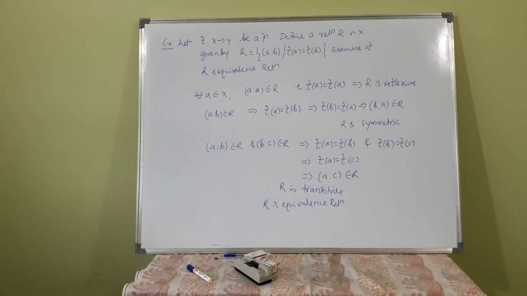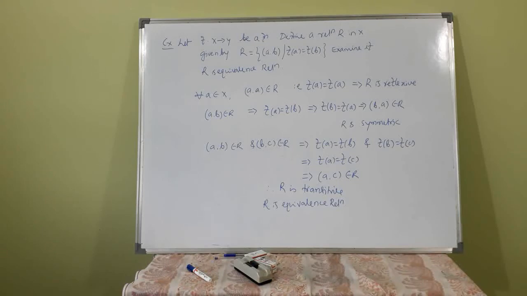Suppose a belongs to X, then (a, a) belongs to R because f(a) is equal to f(a), isn't it? So R is reflexive. (a, b) belongs to R implies f(a) is equal to f(b), which is the same as f(b) equal to f(a). So (b, a) belongs to R. So (a, b) belongs to R implies (b, a) belongs to R.